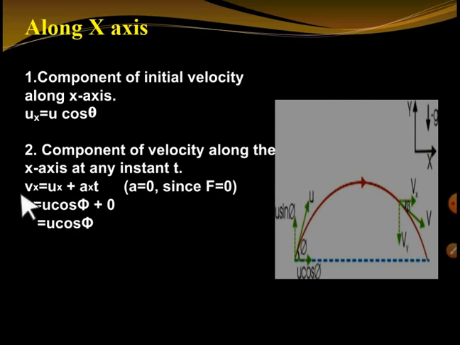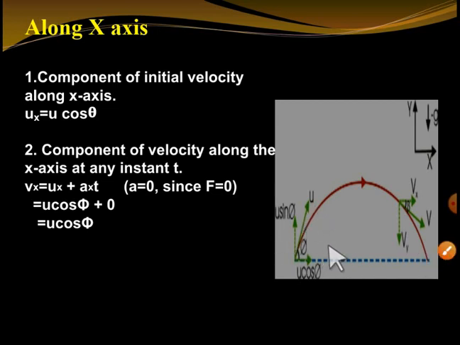Got it? That will be vx equal to ux plus at. But here, as I told you, the motion along the horizontal component is uniform motion. This u cos theta will be there forever.